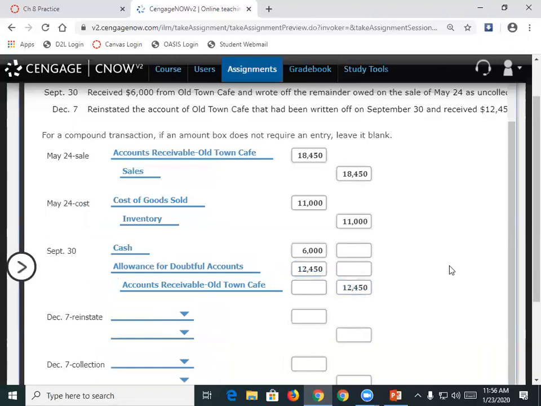So the difference between the direct write-off and the allowance method is we would normally, under direct write-off, have debited bad debt expense here, okay? But we already did that with our adjusting entry. So with allowance, we're going to debit allowance for doubtful accounts when we do a write-off. And we're going to credit accounts receivable.